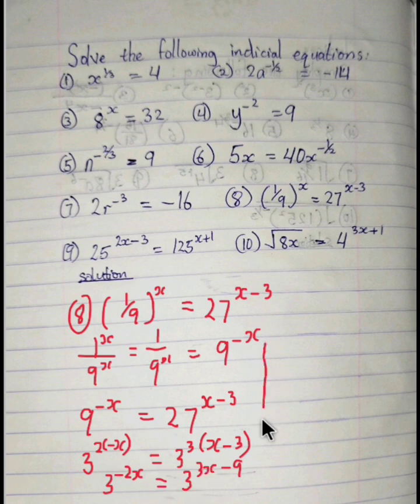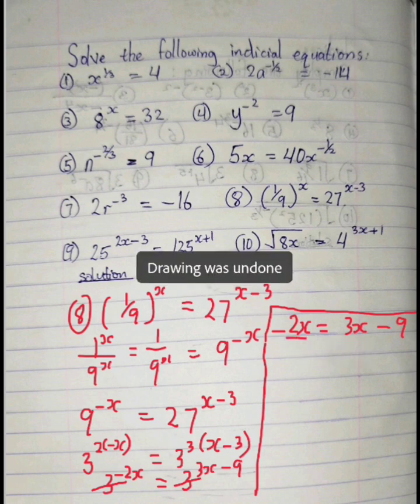Now, let's manage this side. The next thing is to eliminate the base. Since they have the same base, we eliminate them and equate the powers. Minus 2x is equal to 3x minus 9. Collect the like terms, bring this x and this x together.